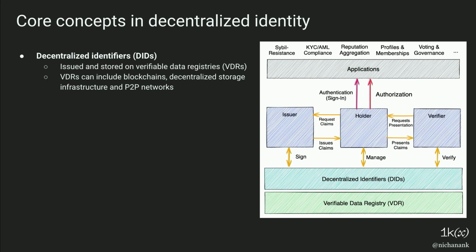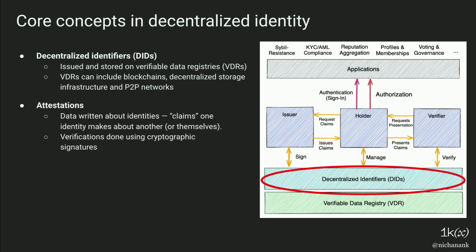So your identifiers are typically issued and stored on data registries like blockchains or decentralized storage infrastructure. And then you're making claims about each other, either your peer or yourself, via attestations. And then the verifications are done using cryptographic signatures.